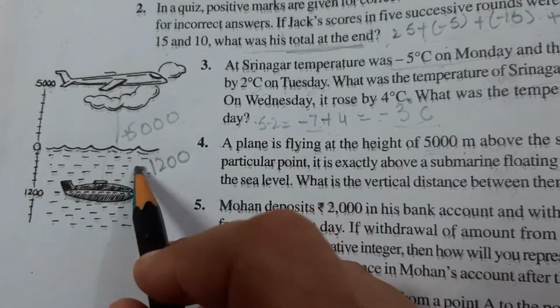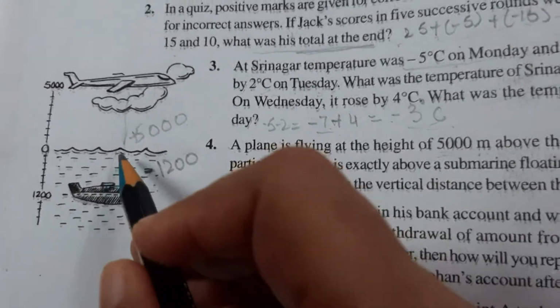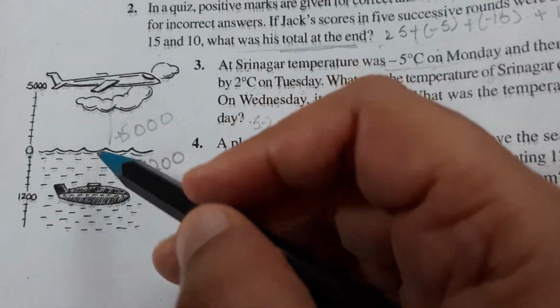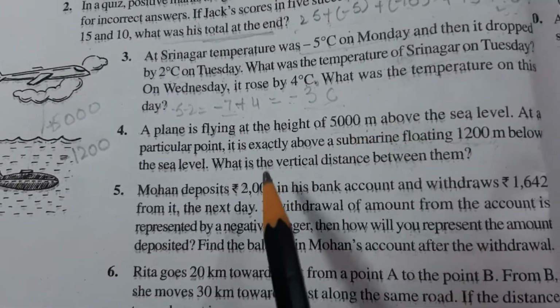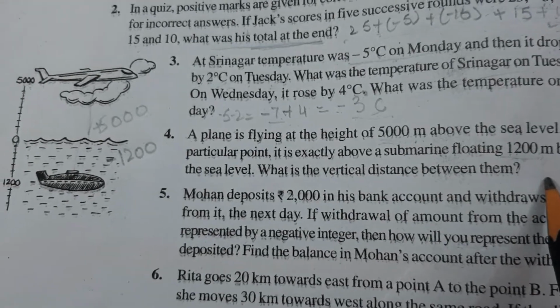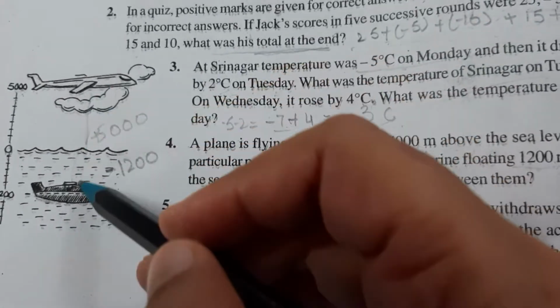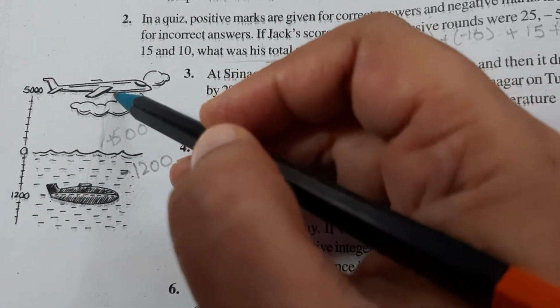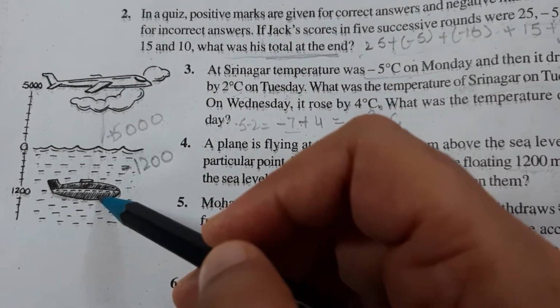It is not written as minus, but it is understood because this distance is below the sea level. Now what do you have to find? Find the vertical distance between them. So you have to find this total vertical distance between the plane and the submarine.